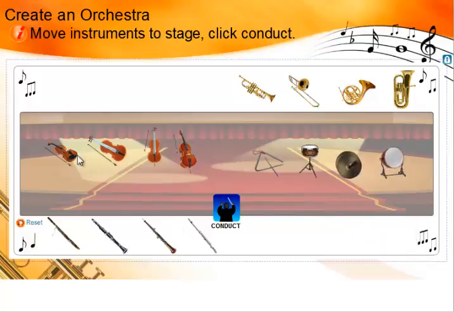All these instruments are played with a bow, and all these are sound is produced by tapping these instruments. Let's hear them all together. What a masterpiece!